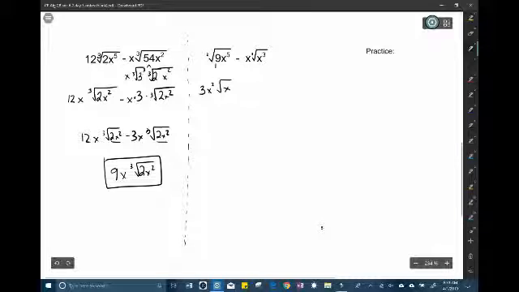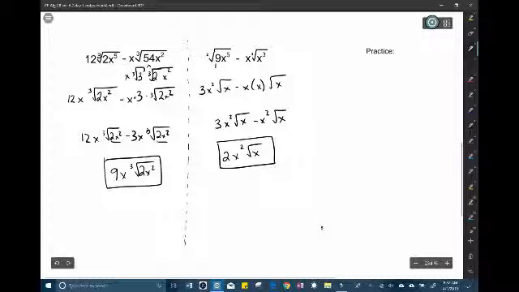And then we have minus x, we can bring a pair out. So we have 3x squared root of x minus x squared root of x, which gives us 2x squared root of x.